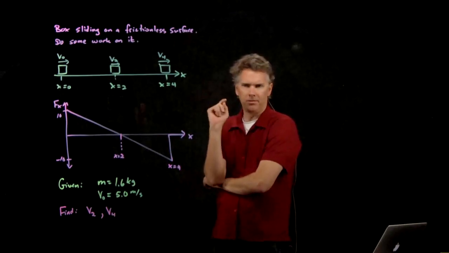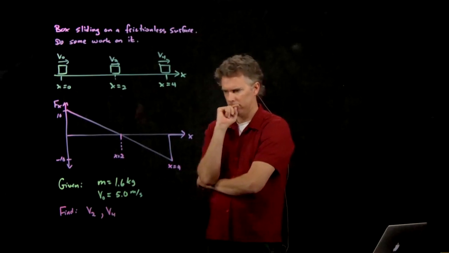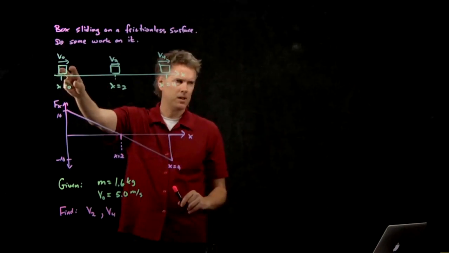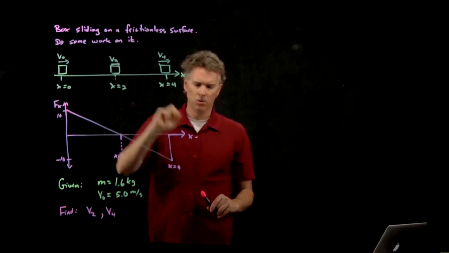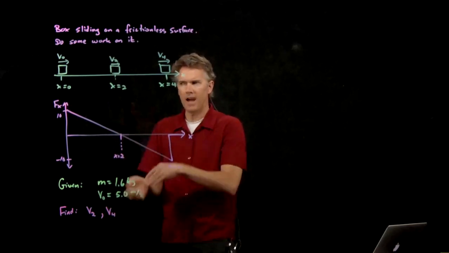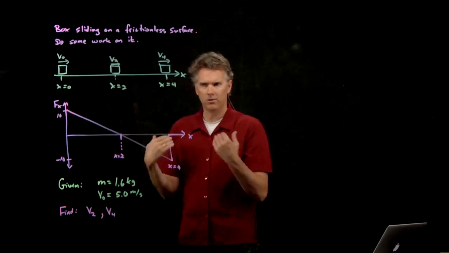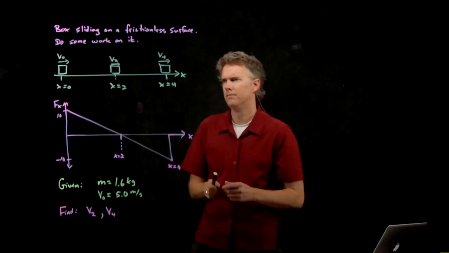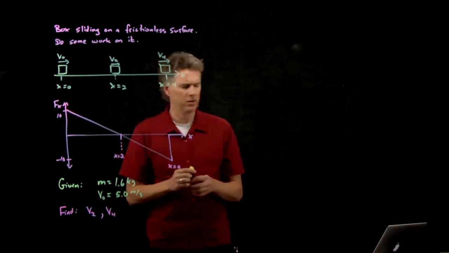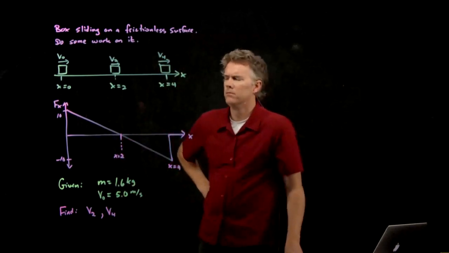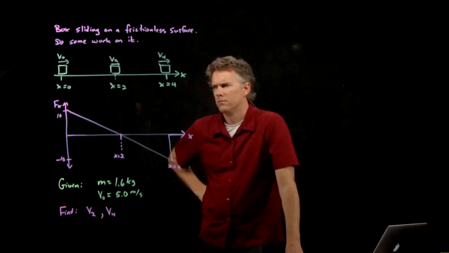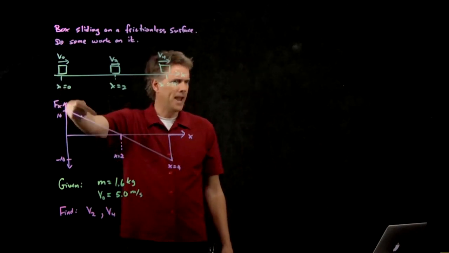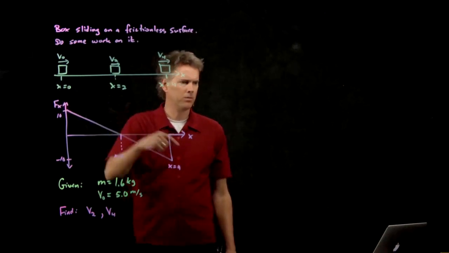So let's take a guess, just right off the bat. If this box comes in at v0, is v2 going to be faster than v0 or smaller than v0? Bigger or smaller than v0? Okay, why do you say smaller? Because this force is decreasing, right? It's got sort of a negative slope.